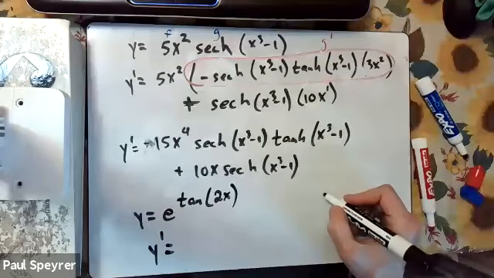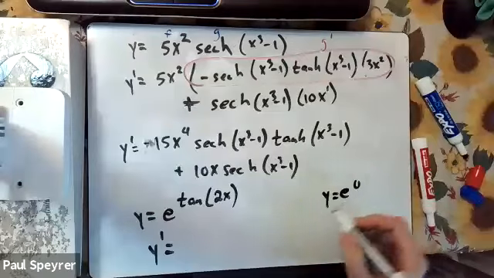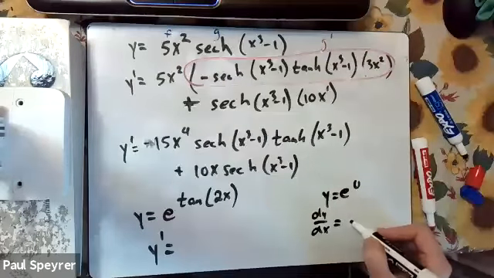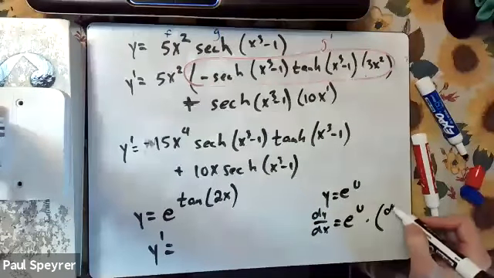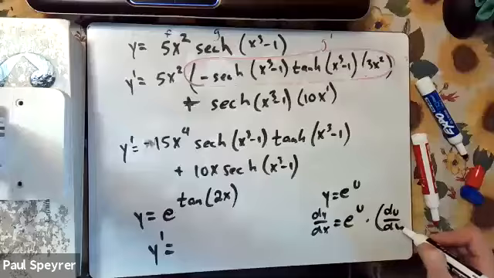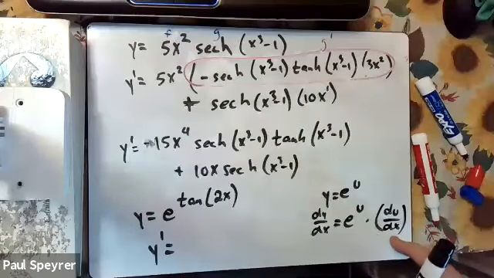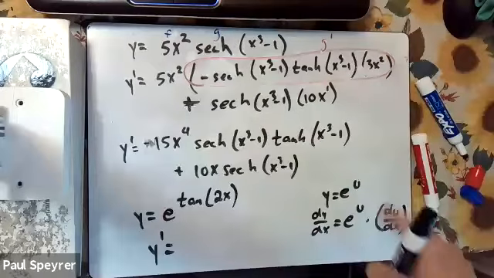Remember, if we have y equals e to the u, dy/dx is equal to e to the u times du/dx, right? So the derivative of e to whatever is e to whatever times the derivative of whatever. This you need to memorize, right? This is not going to be given to you.